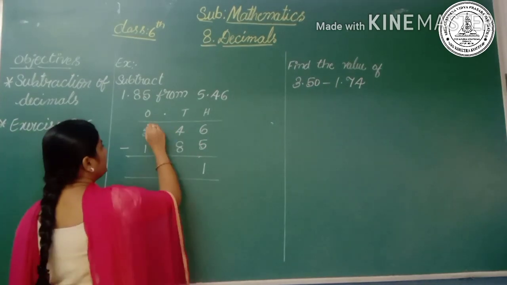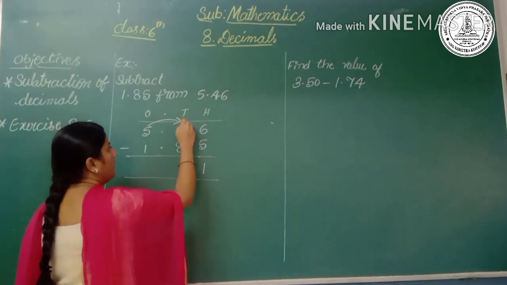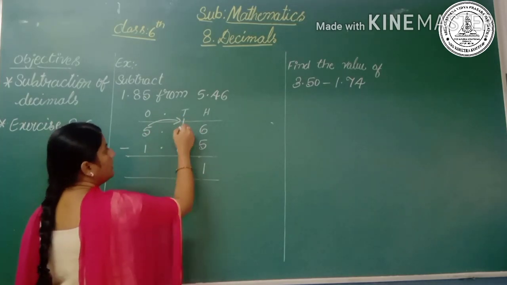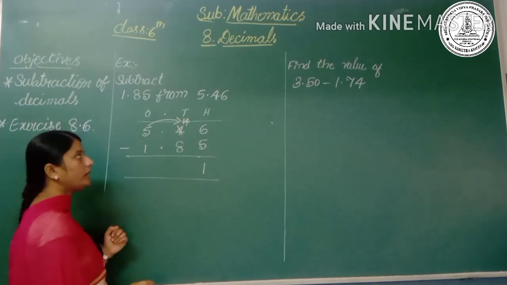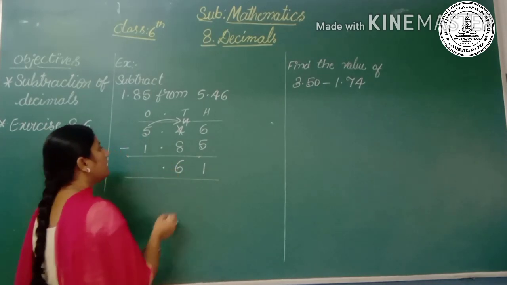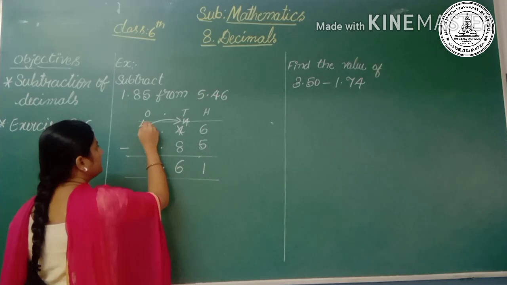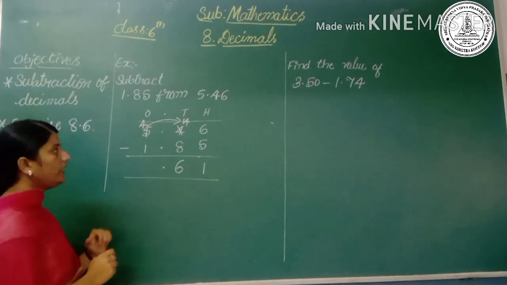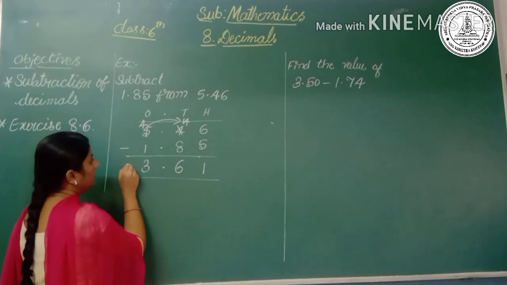Here there is a 5 in the ones place, we take a borrow of 10, so 10 plus 4 is 14, right? So 14 minus 8 is 6. After taking the borrow, the 5 in the ones place becomes 4. Okay, 4 minus 1 is 3.